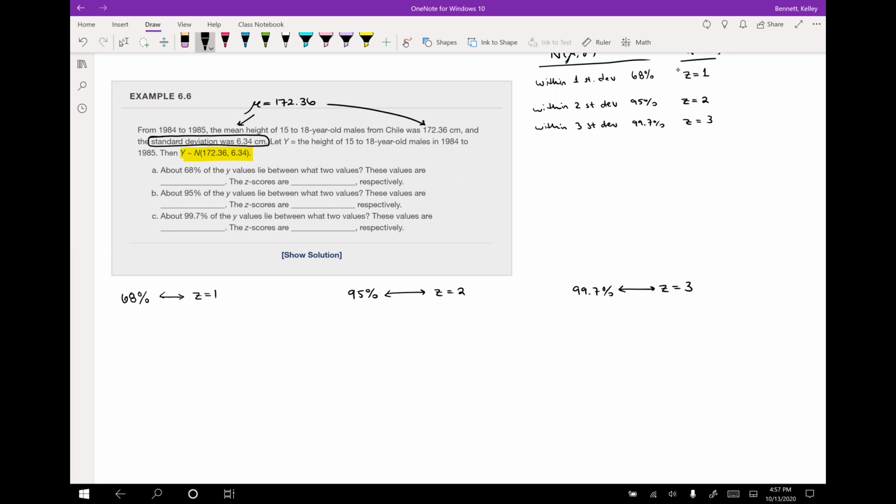So all I want to do is convert these z-scores into x values, right? So I want to say, okay, well, 1 equals x minus the mean, mu, 172.36 divided by 6.34. So I'm going to multiply each side by 6.34.